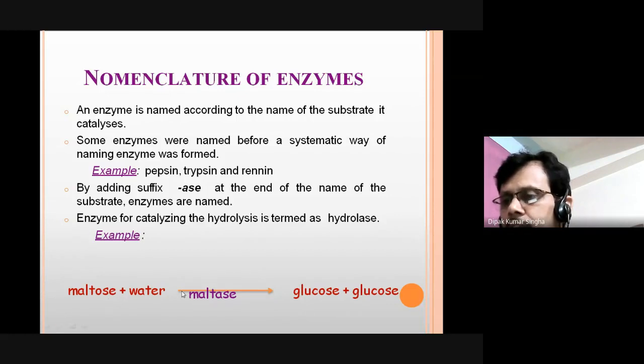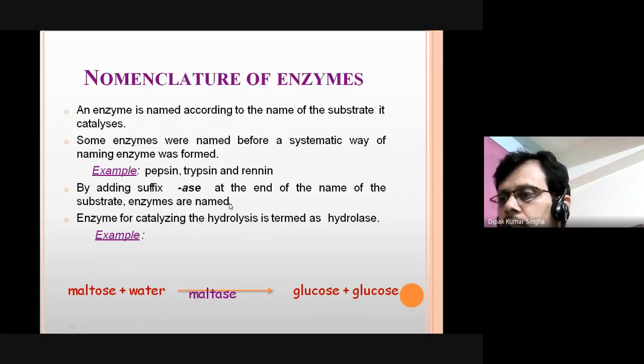Maltose is the substrate and maltase is the enzyme, breaking down into glucose plus glucose. So substrate plus -ase equals the enzyme's name, and this type of naming system is called trivial name. The first one is the arbitrary name, the second system is the suffix.